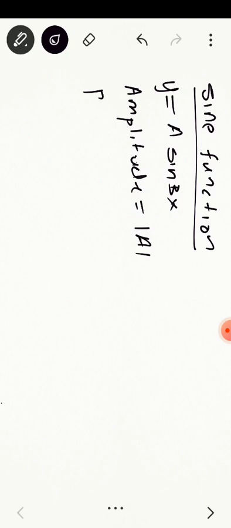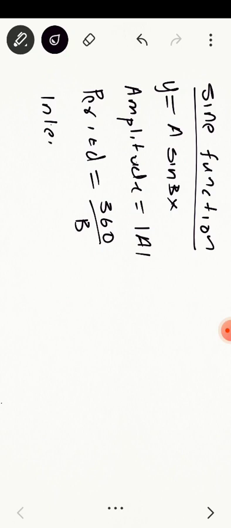So, and we're going to need the period of the graph. For the period of the sine function, we know that generally it's 360 degrees, but we're going to divide that by b. And then we also must have the interval. The interval must be the period divided by 4.